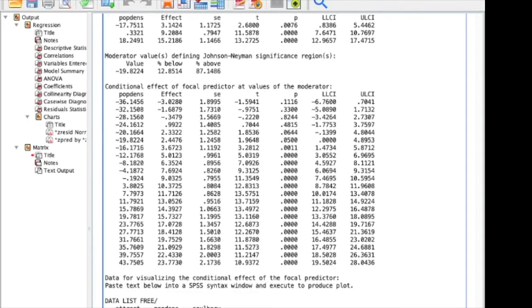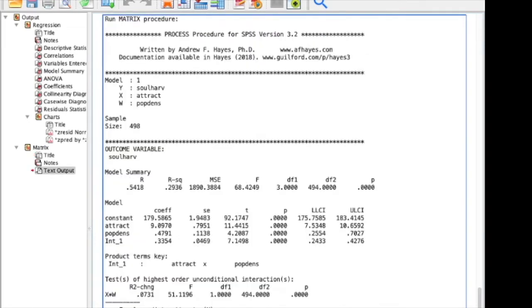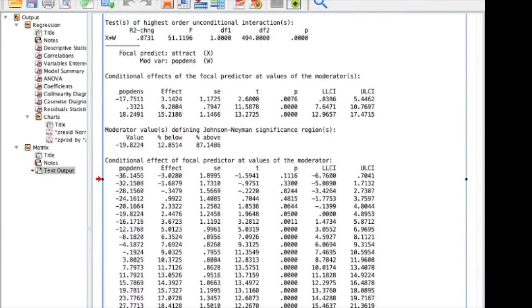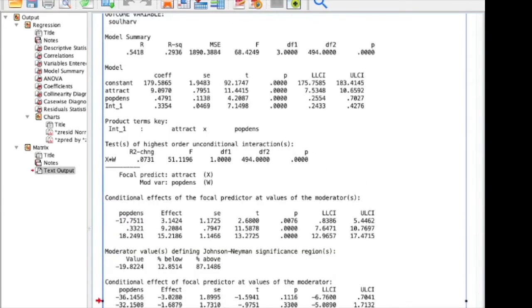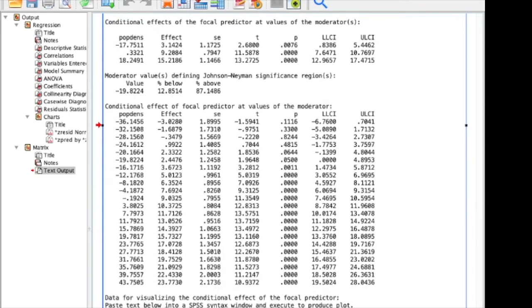Now, this table, and this is essentially as close as the process will come to giving you tables. They don't give you proper tables, but think of these as tables. For the conditional effects of focal predictor at values of moderator, this gives you something similar to the three-line table at the top of the screen now.